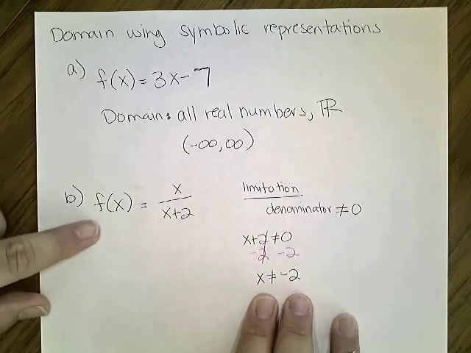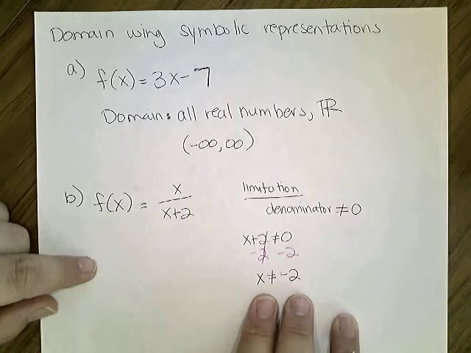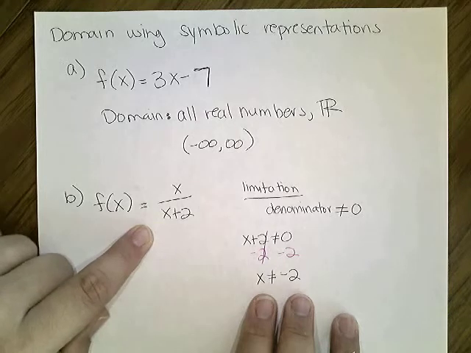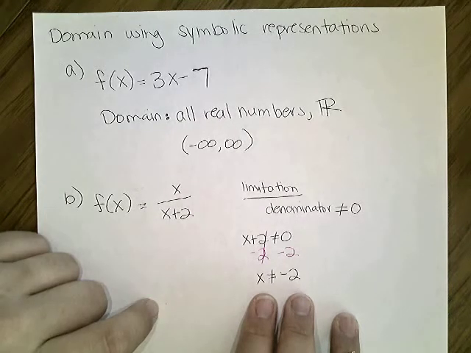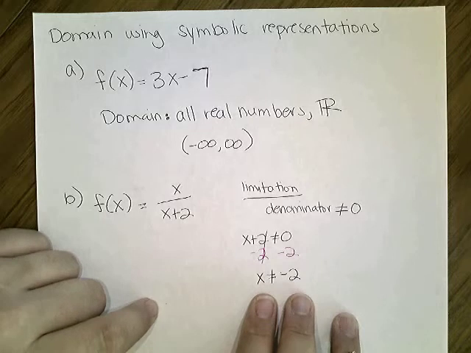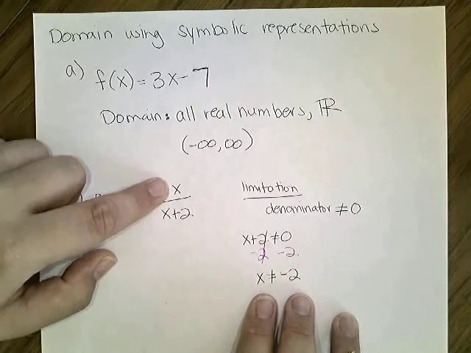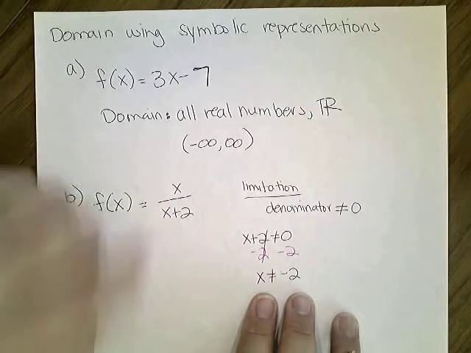So are there any other limitations? Can we plug in other negative numbers? Negative 5, negative 1, negative 57. Can we plug in positive numbers? 100, 2,000, yes. Can we plug in 0 for x? Yes, we can. It'll give us 0 on the numerator, so that gives us a whole thing of 0.